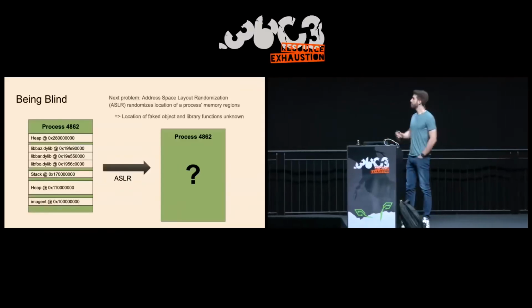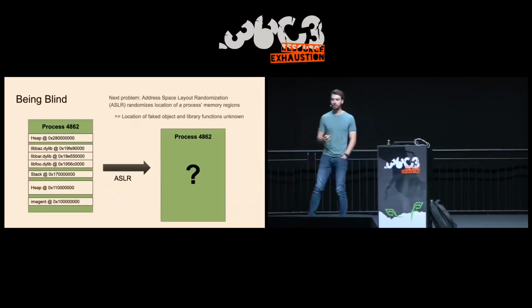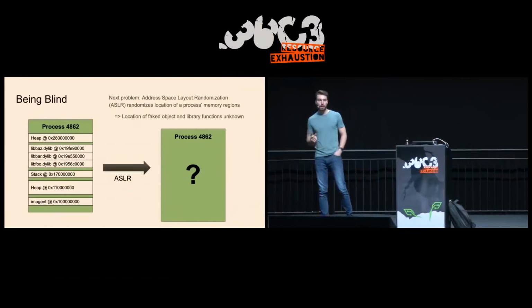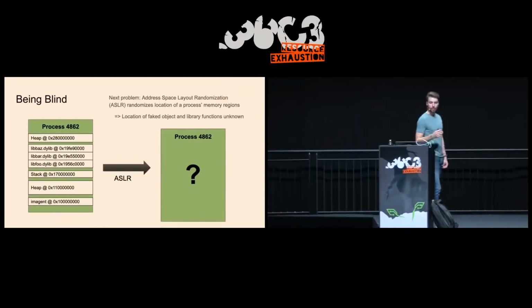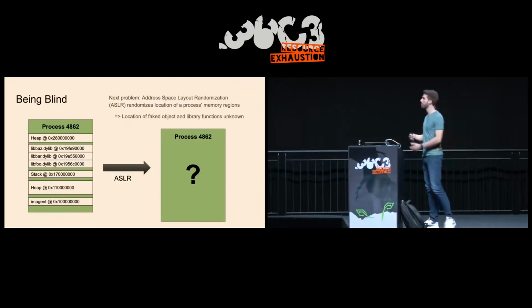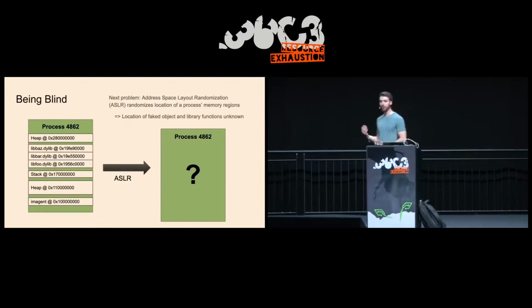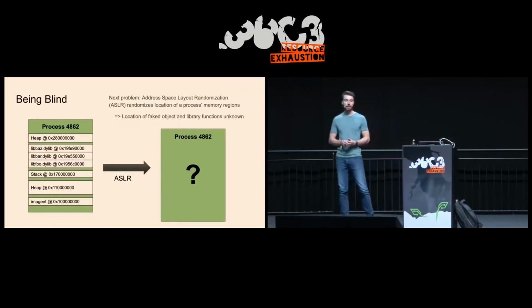Right, and this is exactly the problem we're going to face now, because there's something called ASLR, Address Space Layout Randomization. And what it does is it randomizes the entire address space. So on the left side, you can see how the virtual memory of a process looks like before ASLR. And there, everything is always mapped at the same address.